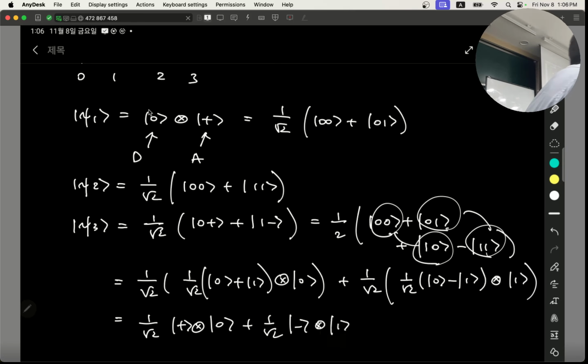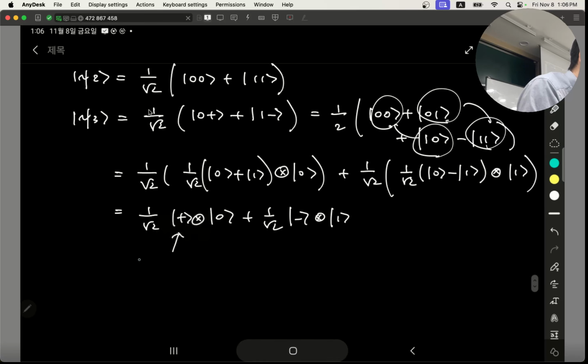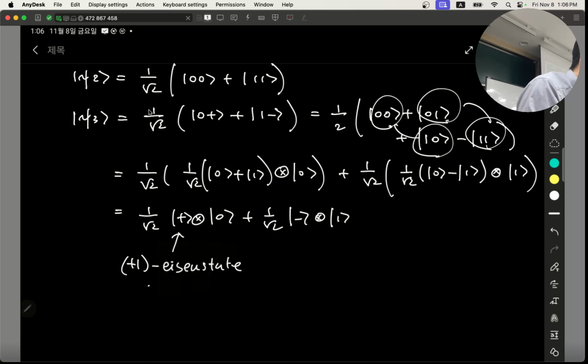Okay, so we have changed the state. Well, that's okay. Why? Because we changed the state of the theta qubit, which is the eigenstate of our x gate. You can see that plus is the plus 1 eigenstate of x, and minus is the minus 1 eigenstate of x.